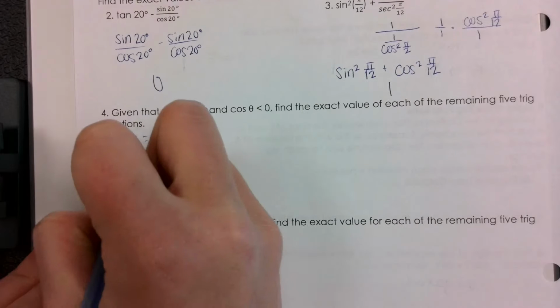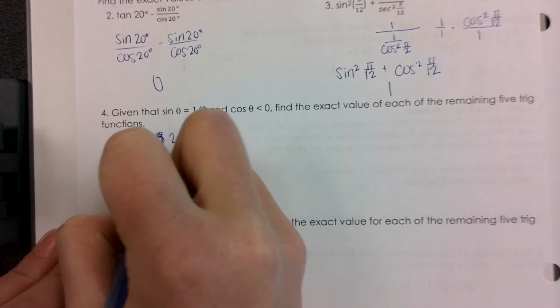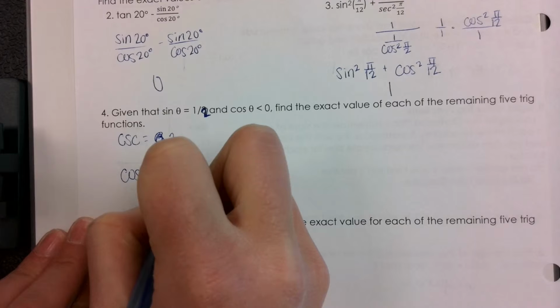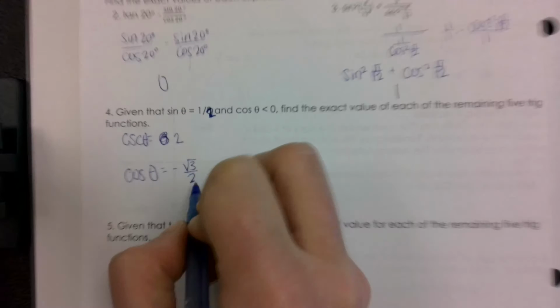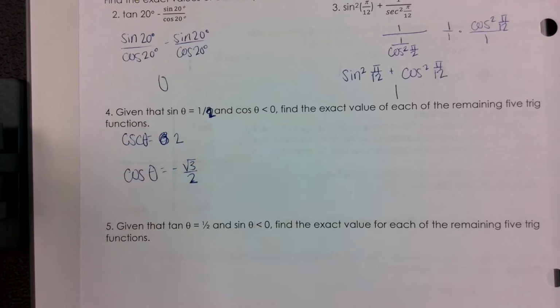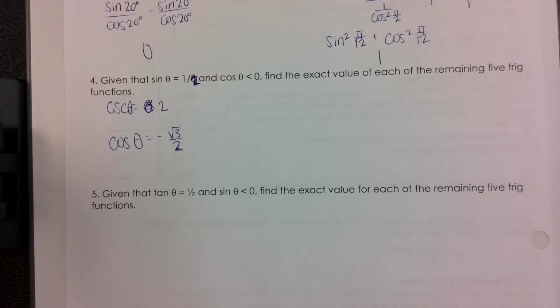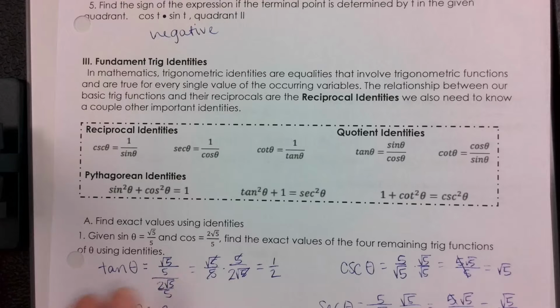Cosine theta equals negative root 3 over 2. Now that we have cosine, it's super easy to find what? Well, yes, the rest of it, but what goes with cosine?